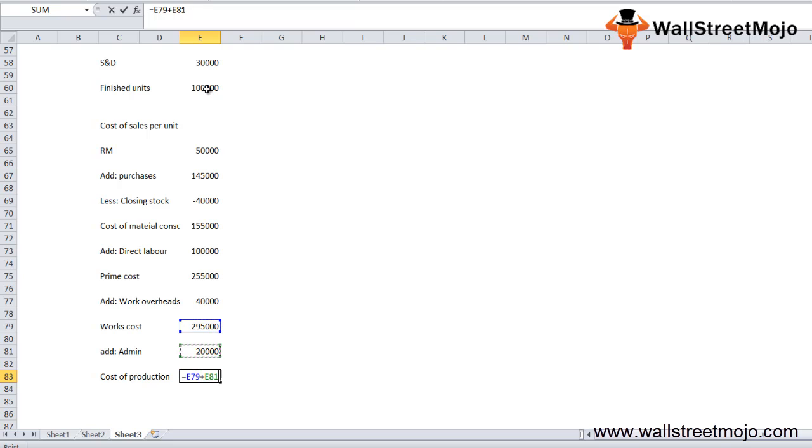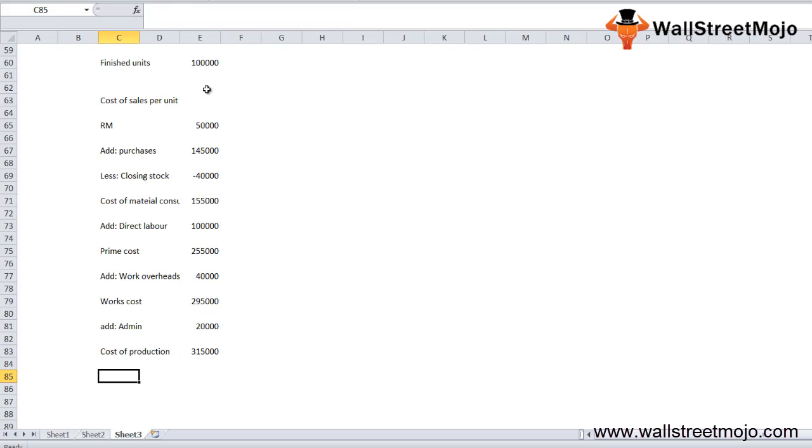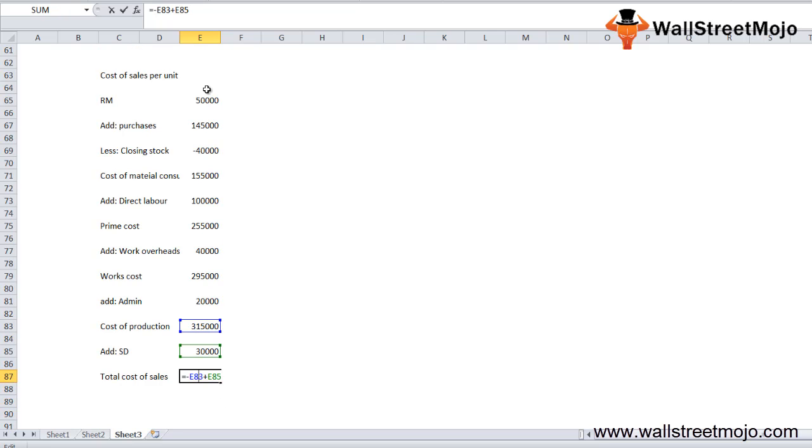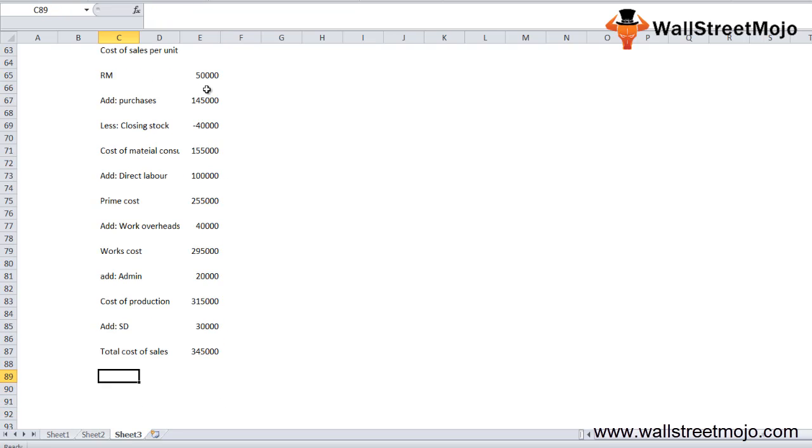We add this up. Finally we add the S&D expenditure, 30,000. The total cost of sales is going to be this addition, that's 3,45,000.